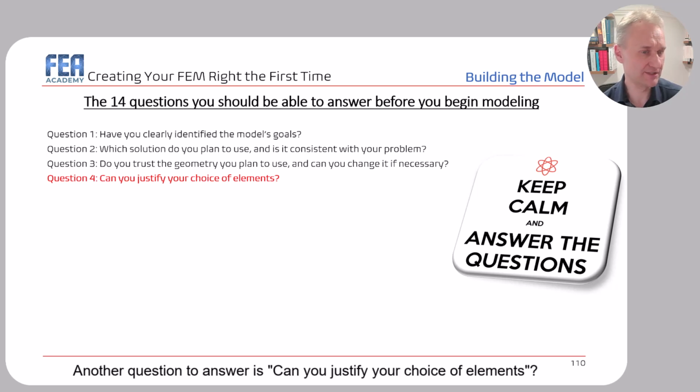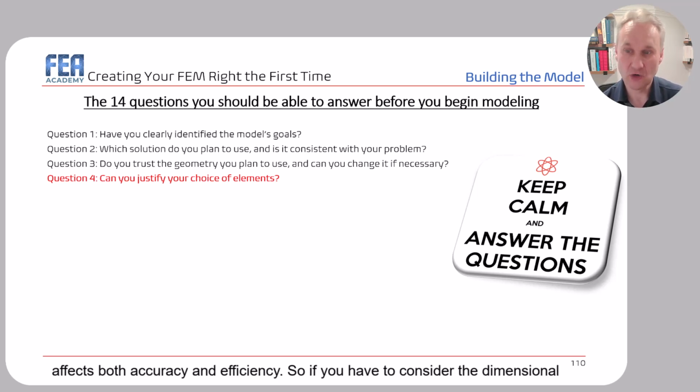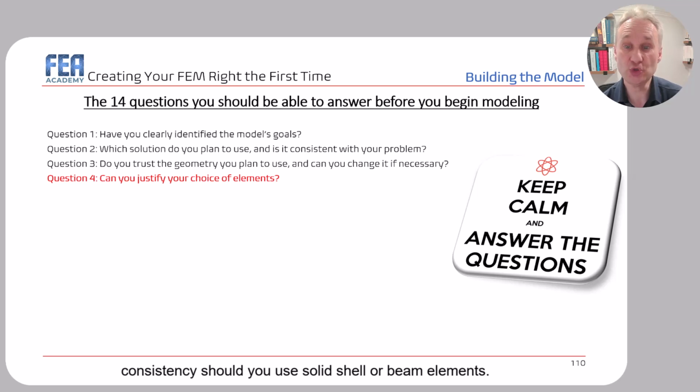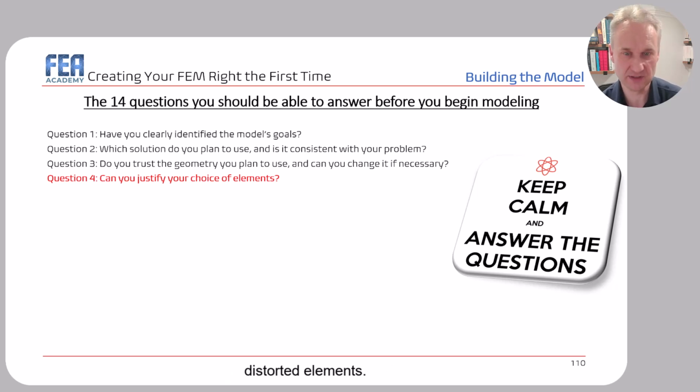Another question to answer is, can you justify your choice of elements? The selection of elements, solid tetra, solid hexa, 2D shell, 1D beam, etc., affects both accuracy and efficiency. So you have to consider the dimensional consistency. Should you use solid, shell, or beam elements? The aspect ratio and the quality: avoid elements with high aspect ratios or distorted elements.